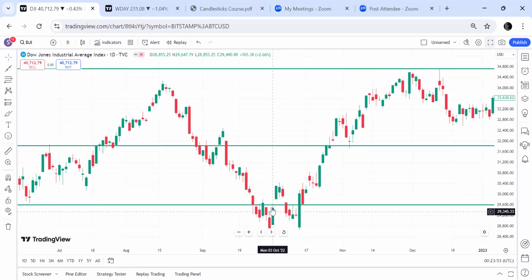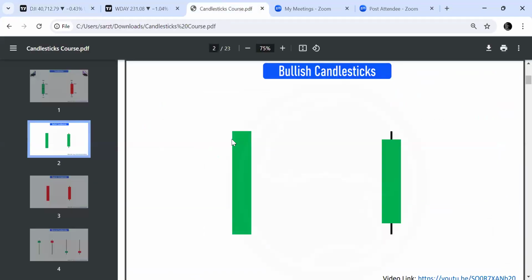It is to be noted that in the psychology of momentum candles, sometimes you will see a small wick on the upside. Normally in candlesticks, you can see the complete momentum without any wick, or you can see a small wick, either on both sides, or on the upward side, or on the downward side.